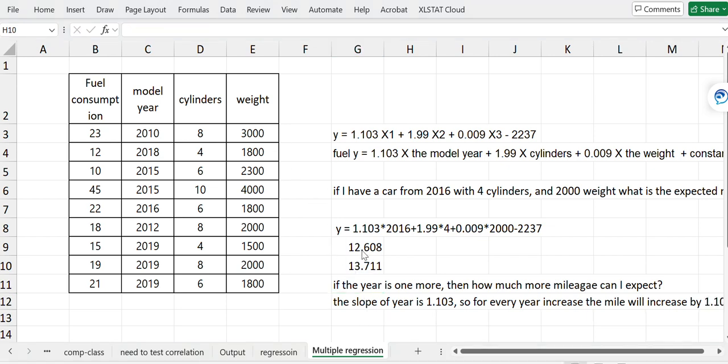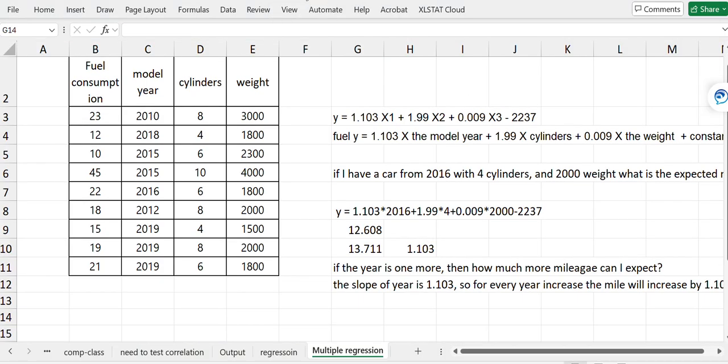I will just copy the same thing, put it here, change this to 2017 because 1 year increase, right? And the difference is this value minus this value, 1.103. You understand? So we always take the x1 type of question, okay?